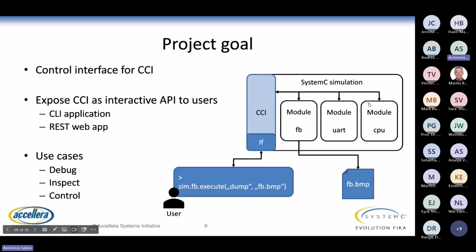So for example, the user wants to dump the contents of the frame buffer model. So it calls the execute command, and the frame buffer module then dumps its contents into a file. The use case here is to ease the user in making the simulation more debuggable, more inspectable, and also more controllable.